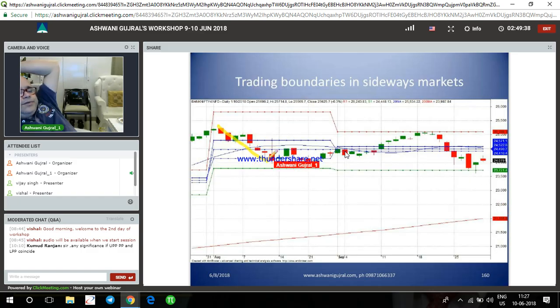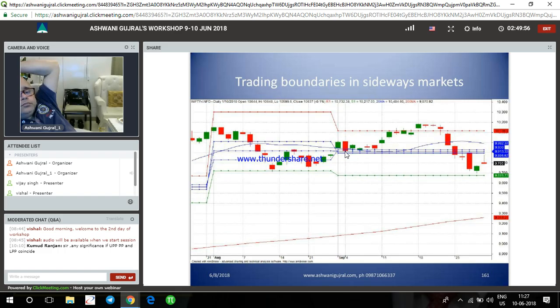This is trading sideways on the monthly time frame. Fading boundaries, exactly the same. Sideways, fading boundaries.